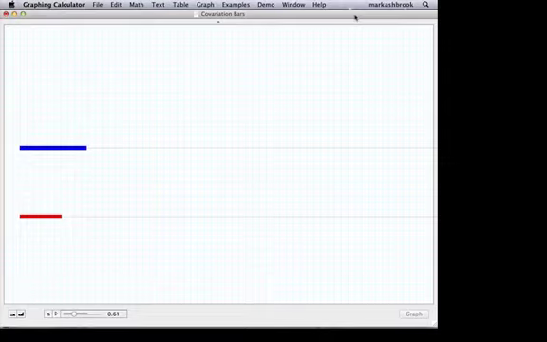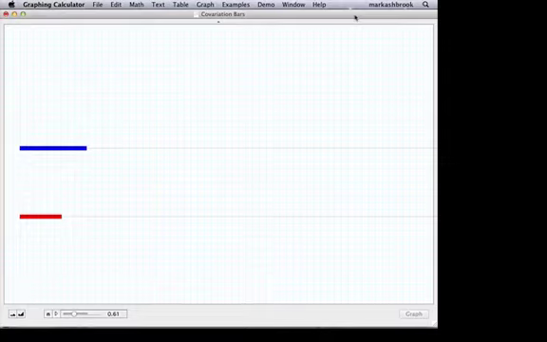So the lengths of these bars represent two quantities. I want you to estimate the relative size of the quantity represented by the blue bar relative to the quantity represented by the red bar.